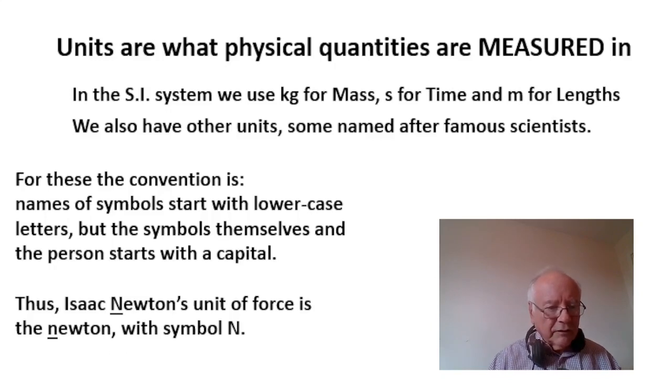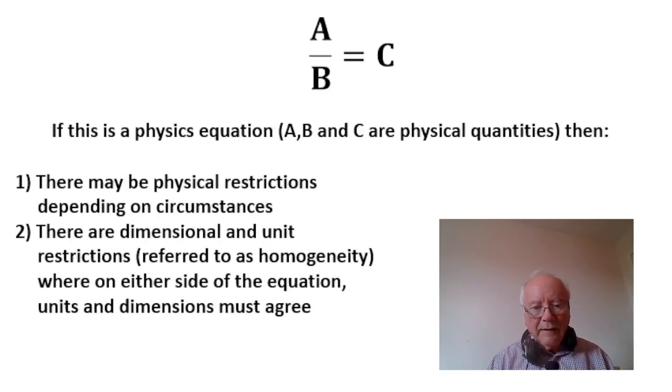Now the restriction: A over B equals C. If this is a physical equation, then as I said, we've got physical restrictions which depend on the circumstances, and then there are restrictions on the dimension and the unit. These together are called homogeneity.